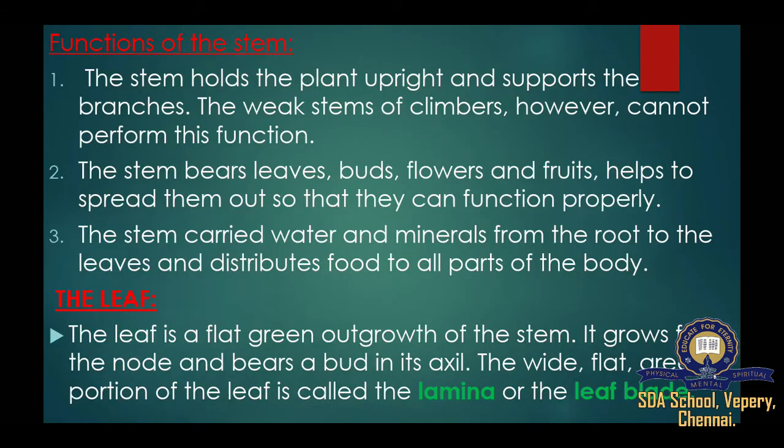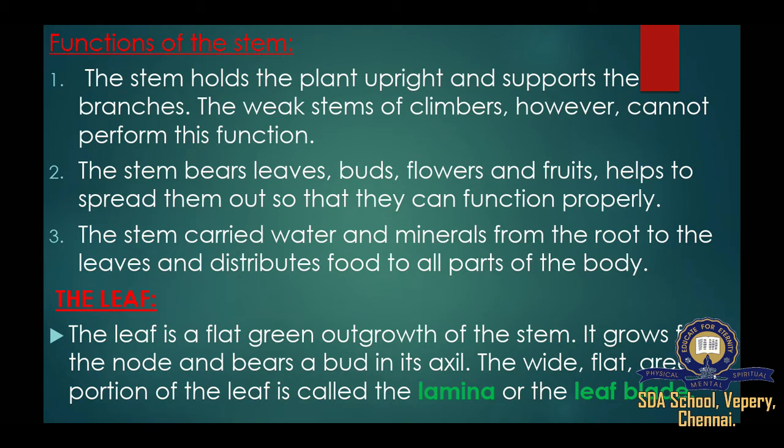The topic is functions of the stem. Stems hold the plant upright and support the branches. The weak stem of climbers, however, cannot perform these functions because the weak stem cannot hold the plant. Stems bear leaves, buds, flowers, and fruits and help to spread them out so they can function properly.